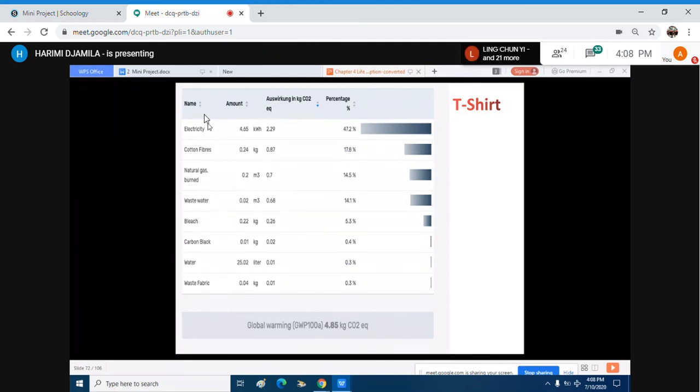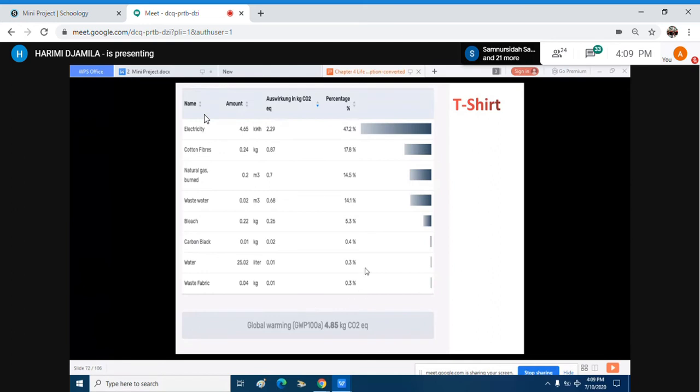So here the items, like electricity use needed for the T-shirt, the cotton, the natural gas that will be burned and used for the production, the wastewater that was produced, fresh water, etc. You have the specific amount, you have the specific unit, then you have the equivalent carbon dioxide emission, and then you have the percentage for each item.